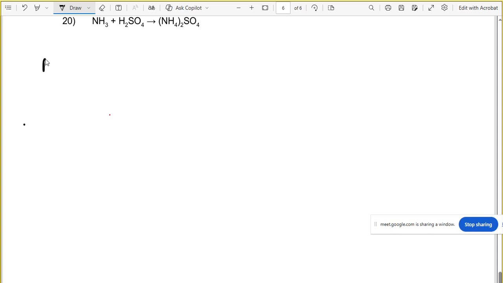So the first one is an arrow. You can see that most of the time when we write chemical equations, we use an arrow like this, okay? This arrow, we use it to separate the reactants from the products.